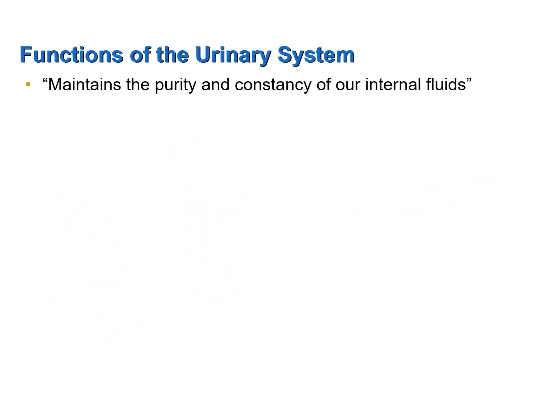An author of an A&P book, not the one that you're currently using, but another one, makes the statement that one of the functions of the urinary system is to maintain the purity and constancy of our internal fluids. I think that's a very accurate statement to describe one of the most important functions of the urinary system.